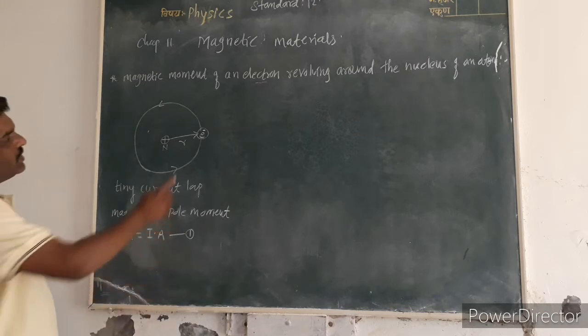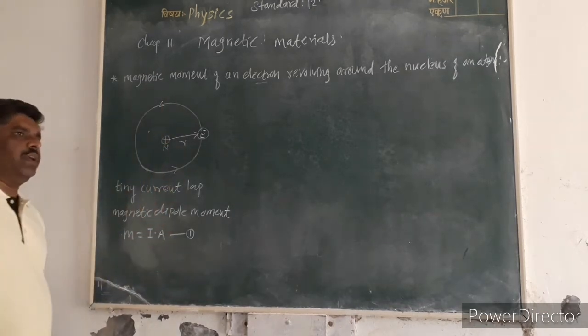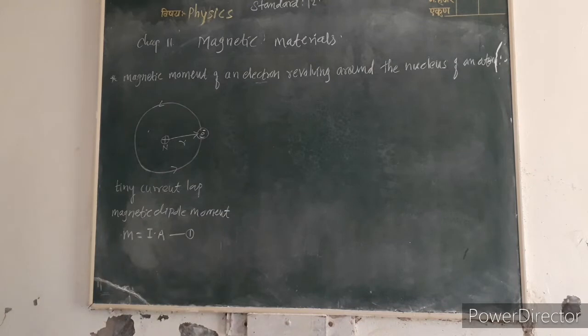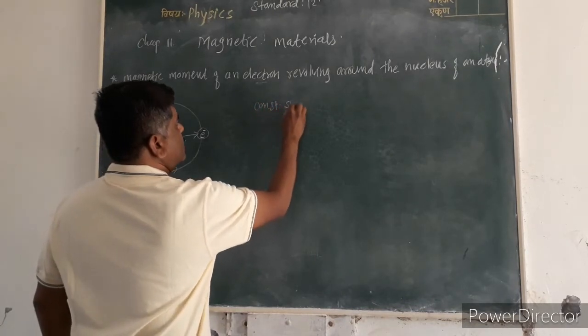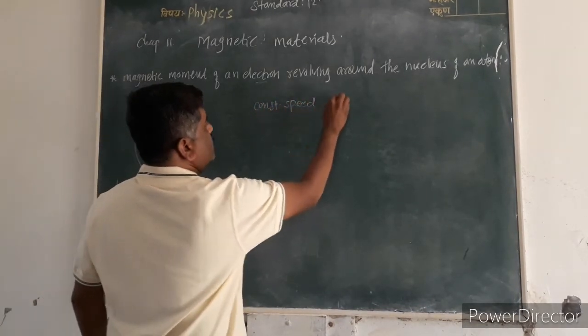Now we consider that this electron is revolving around the nucleus with constant speed, suppose v.